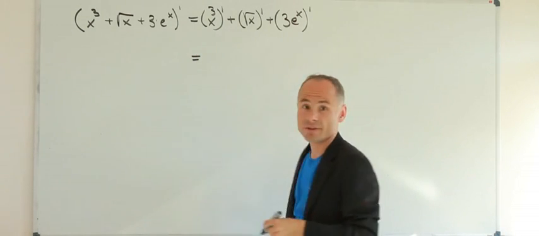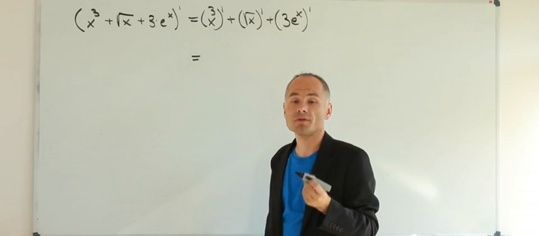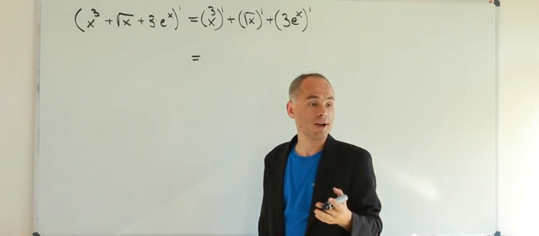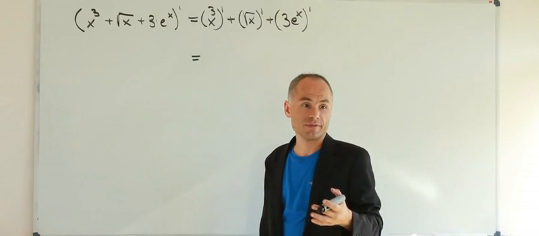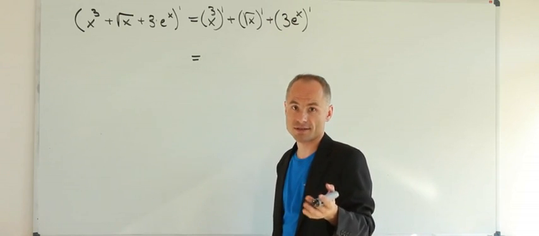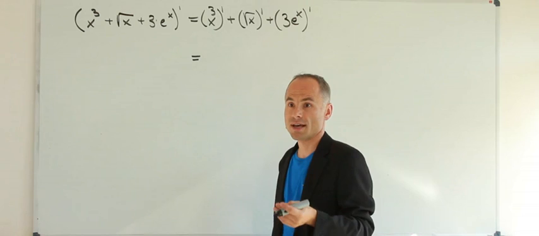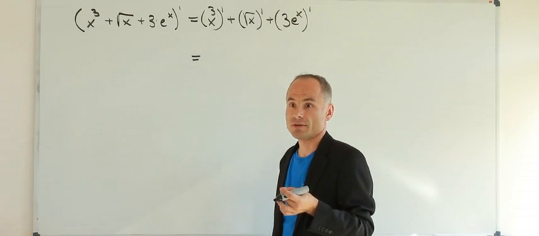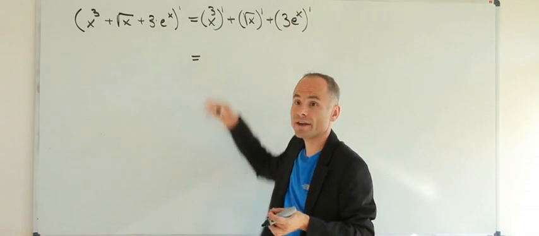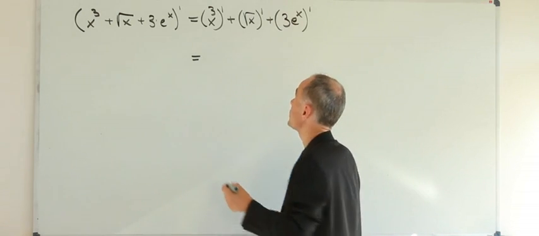The derivative of x to the third, we will apply the power rule, which was, what did the power rule say? That the derivative of x to the n is n times x to the n minus 1, right? n here is 3. So the derivative of x to the third is 3x to the 3 minus 1.